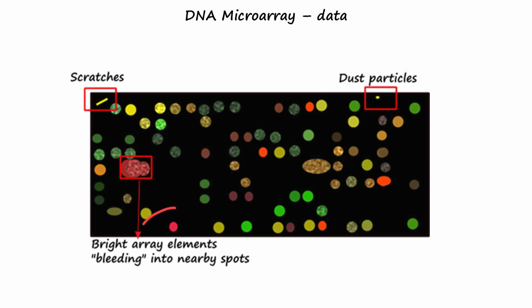Spots that appear predominantly red indicate higher expression in one sample, whereas predominantly green spots indicate higher expression in the other sample. Yellow spots indicate similar expression levels, while intermediate shades such as orange or yellow-green represent varying degrees of differential expression. Dark spots indicate little or no expression in either sample.